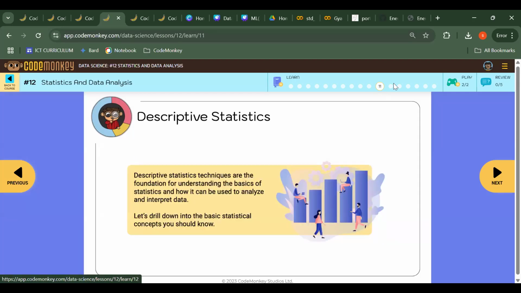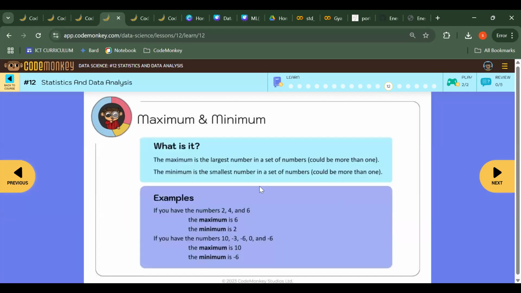Okay, descriptive statistics is repeating again. Finding the minimum and maximum, I don't have to explain again.